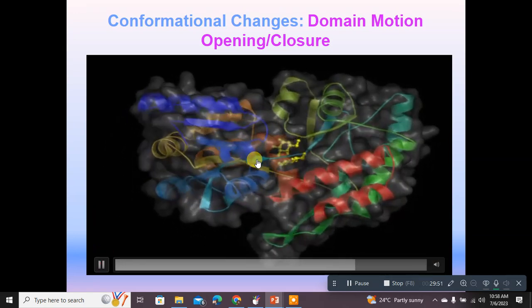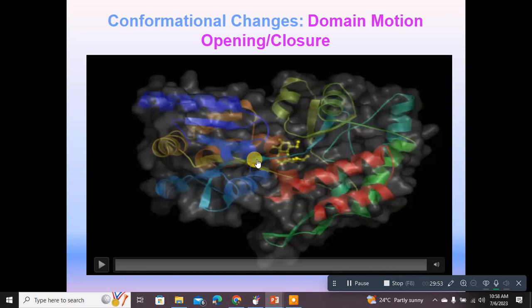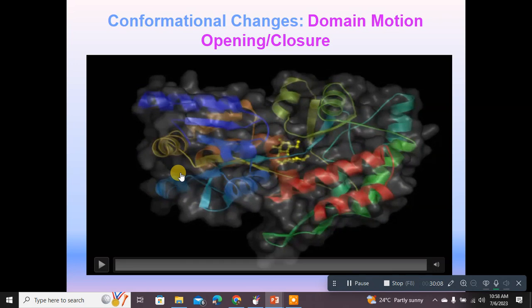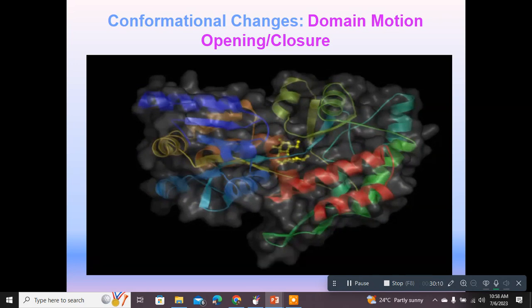So this kind of change, where the coordinates of the protein or the amino acid atoms have changed, we call conformational changes. So a protein changes its conformation to attain certain functions.